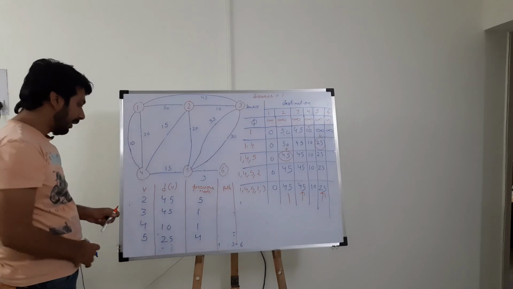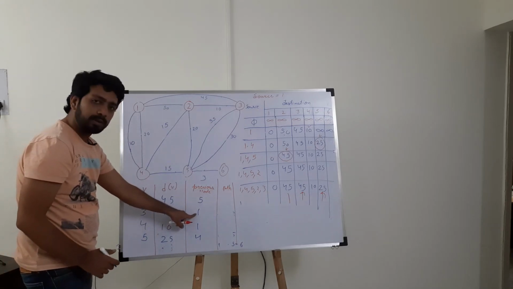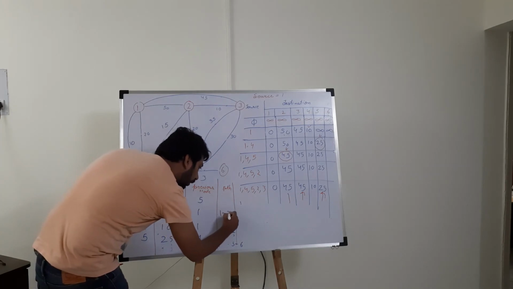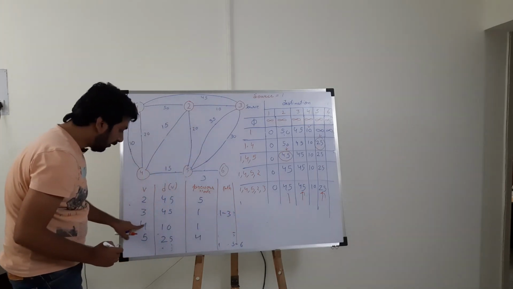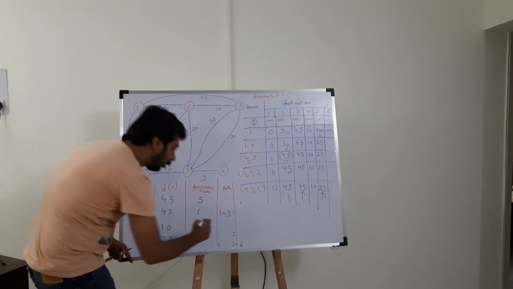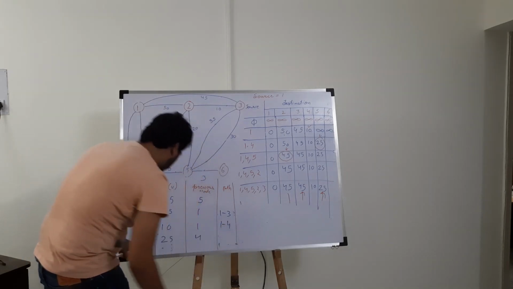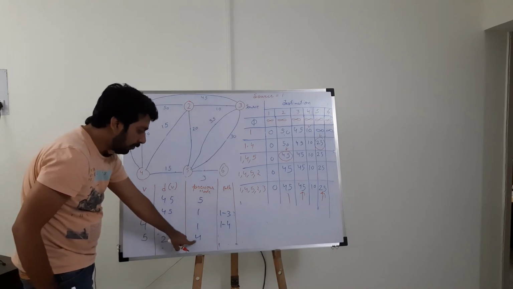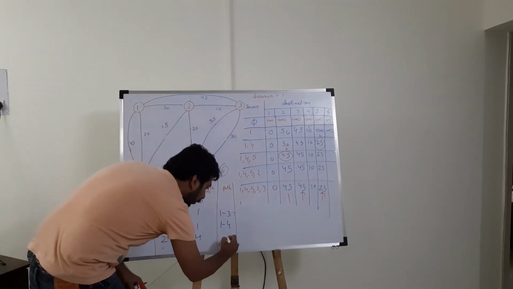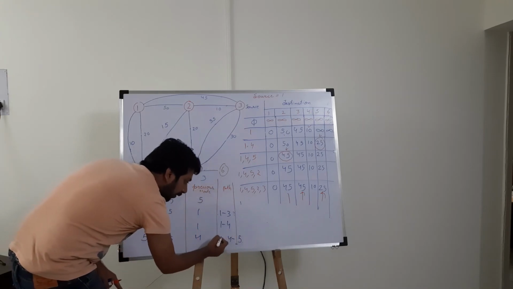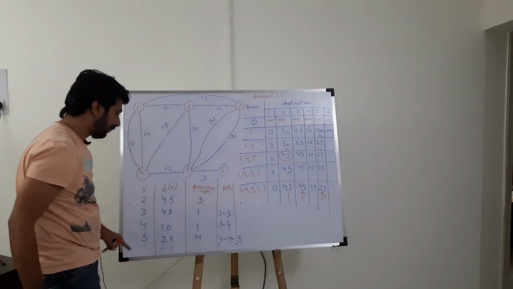So now we can create a path. For 3 previous node is 1, so path is 1 to 3. For 4 previous node is 1, so path is 1 to 4. For 5 previous node is 4, so 4 to 5, and we have already seen 4 is directly connected with 1.